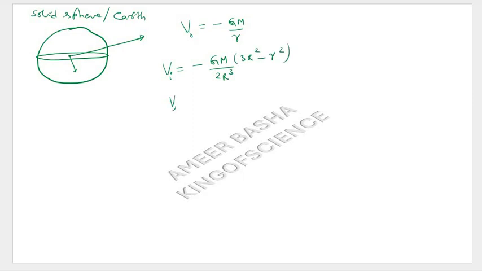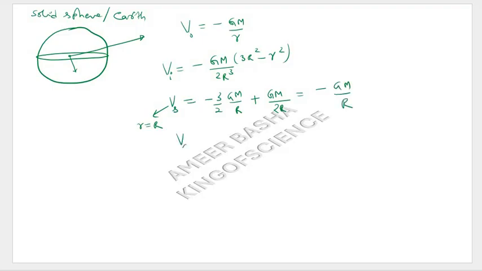If you think about on the surface, that is r equal to capital R, when I substitute r is equal to capital R, it will become minus 3 by 2 times Gm by R plus Gm by 2R. So the answer comes out to be minus Gm by R.